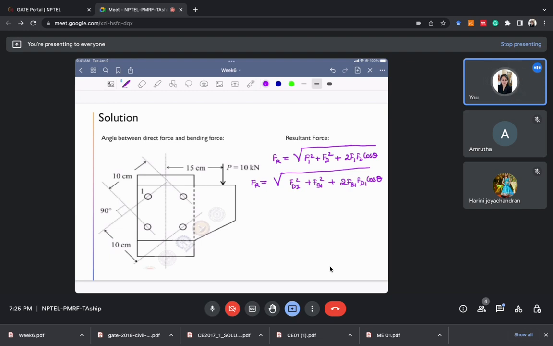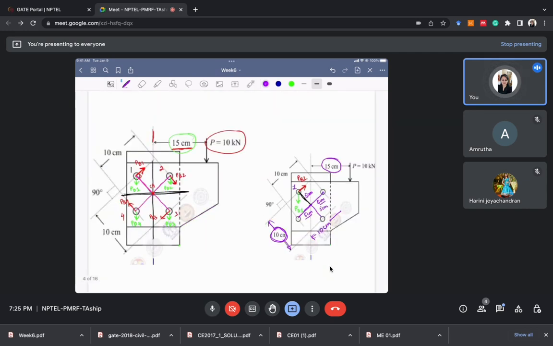FB1 we know, FD1 we have already calculated. The only thing we need to calculate is the value of theta. If we know theta, we can easily put all the values in this formula and get the answer. Theta is basically the angle between both the forces, PD1 and PB1.